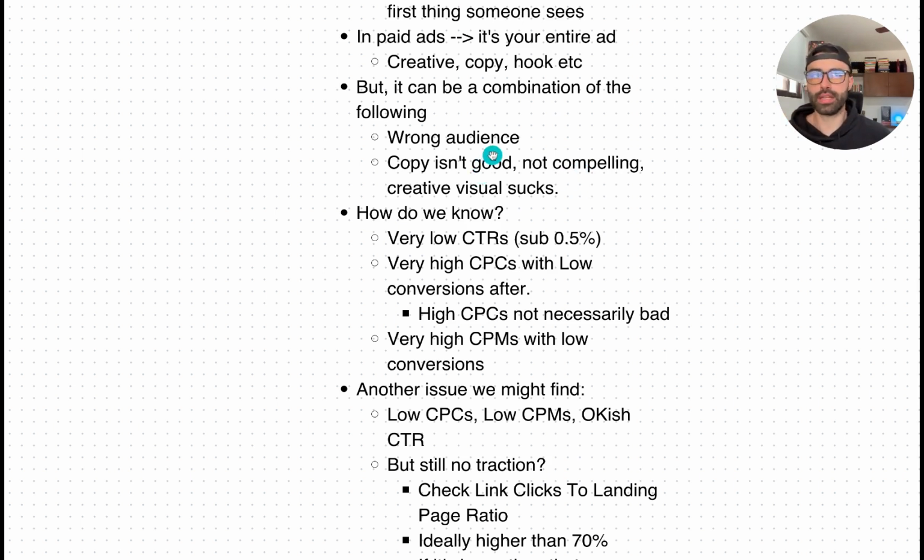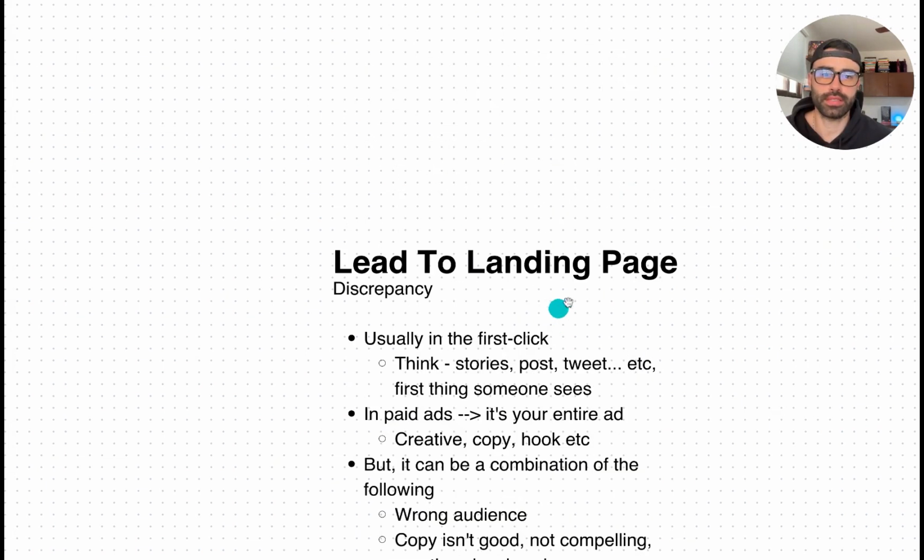When I say wrong audience, unless you're targeting something extremely ridiculous that doesn't make sense, that's going to be the issue. But what I found, after spending millions of dollars on Facebook, is it usually is your copy, your hook, or something that's not stopping people to actually click, right? So that's how you fix the lead to landing page.